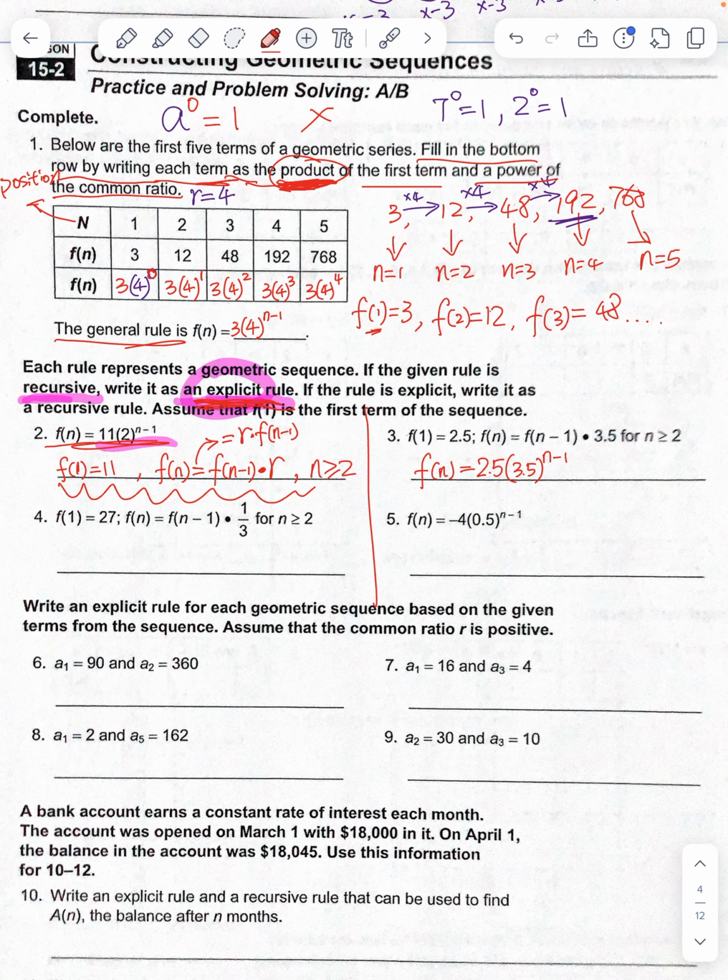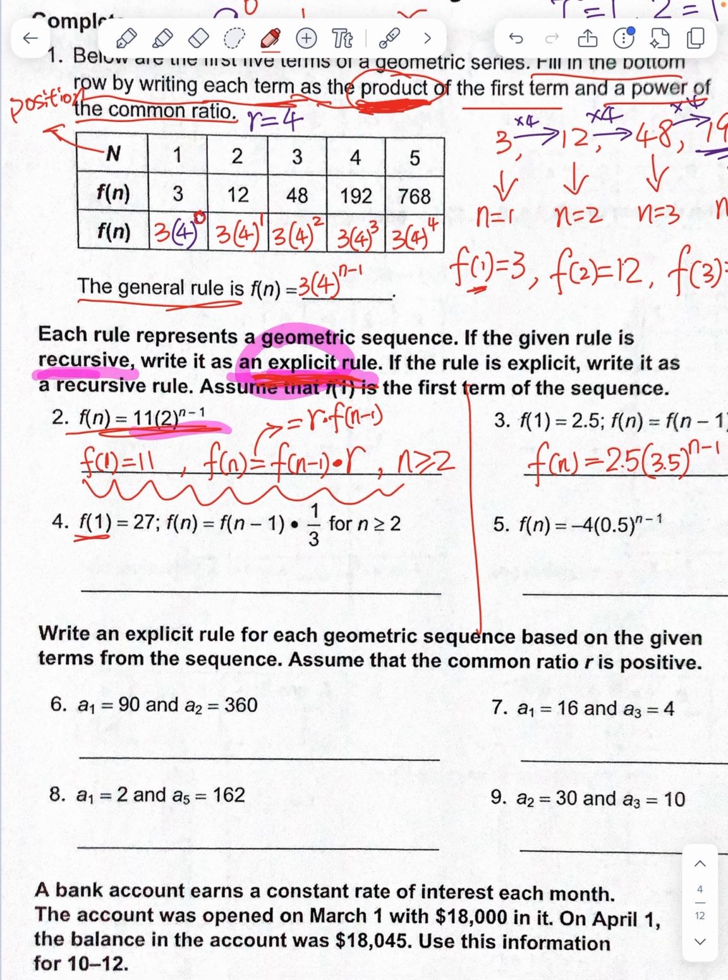Number 4. We see the first term and then another rule. This is a recursive. We need to change it to explicit. So f of n equal to first term, 27, multiplied by multiplier. The multiplier is 1/3. In fact, this one is divided by 3, right?